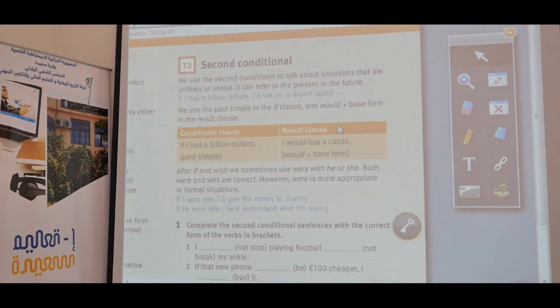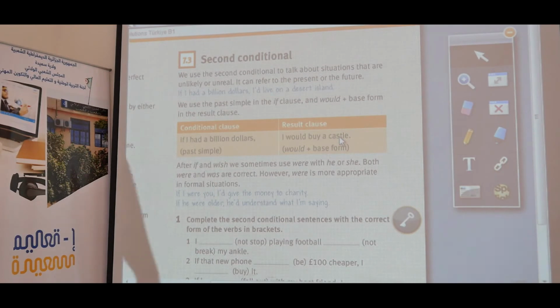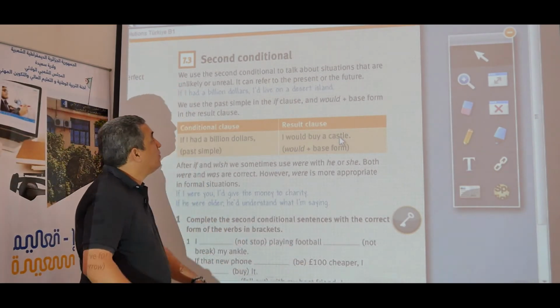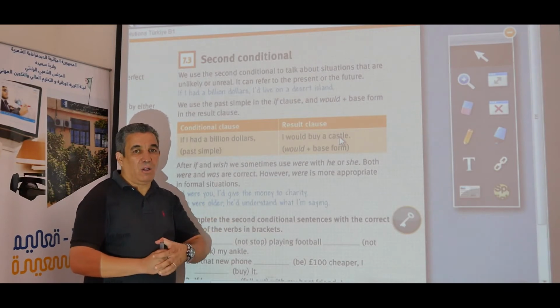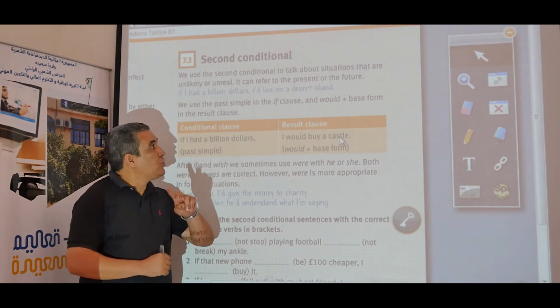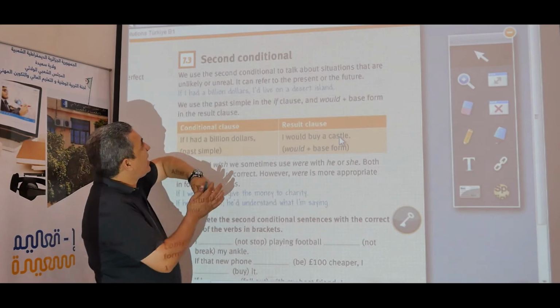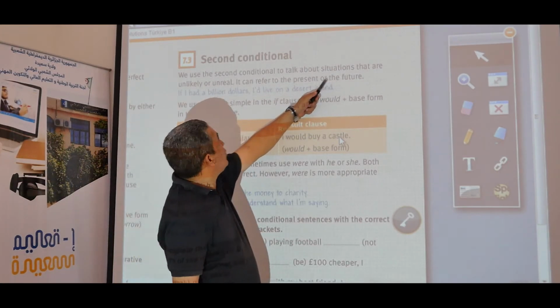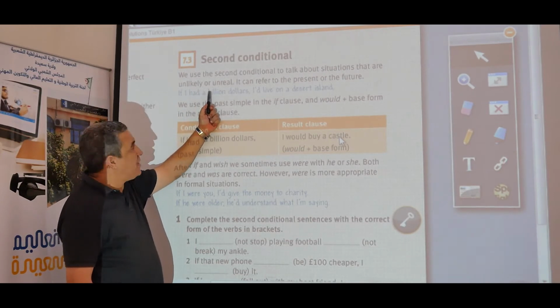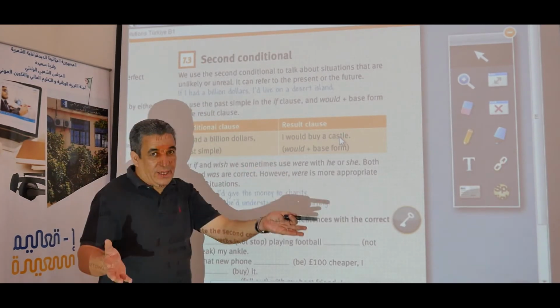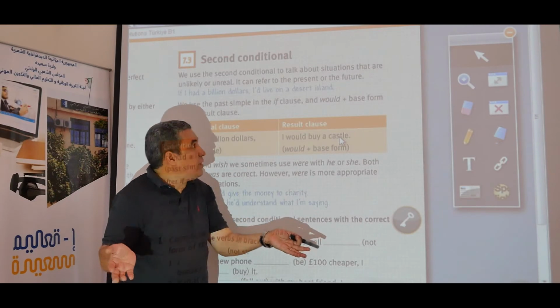Now, the second conditional, or what some teachers call conditional sentences type 2. We use the second conditional to talk about situations that are unlikely. They're not going to happen, or they're simply unreal.